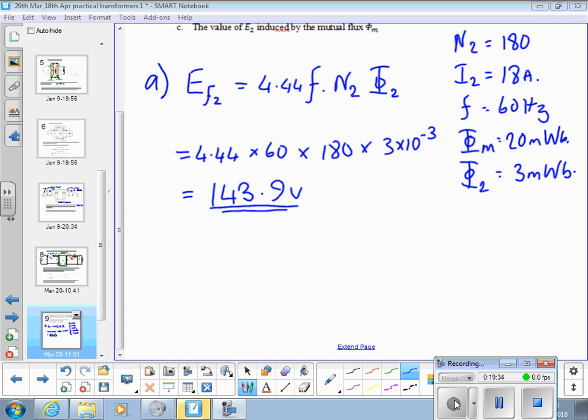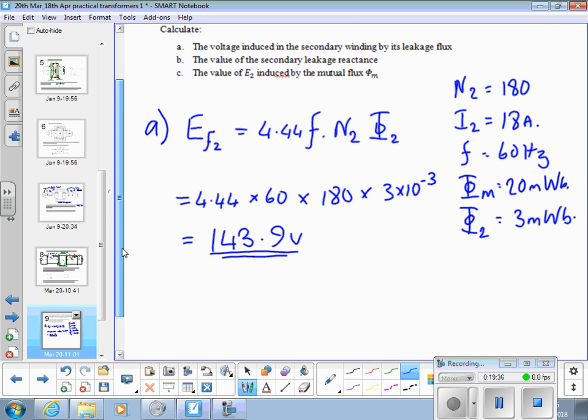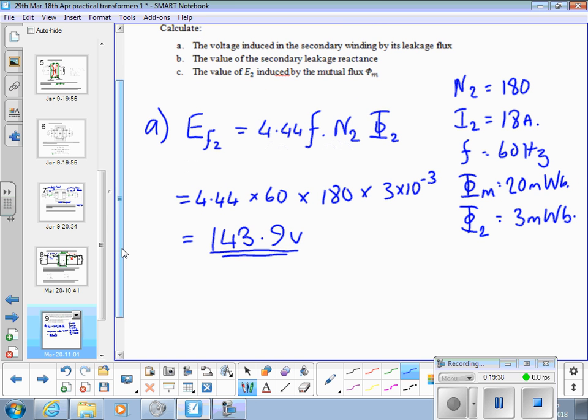Now with the information we're given, how do you think we can calculate the value of each inductance? So we're looking at what is X2, the leakage inductance in the secondary, from the information that we got.